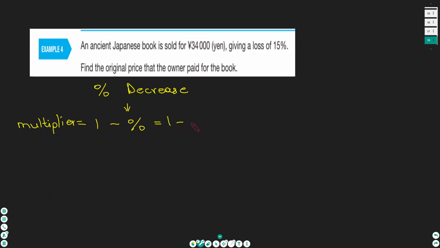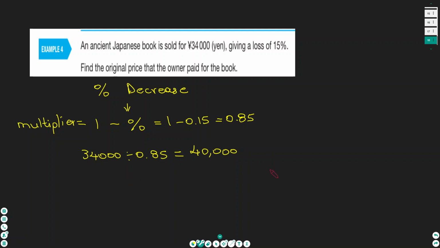So this is 1 minus 0.15, which is 0.85. So all we need to do to find the original value is divide the future value by the multiplier. We divide 34,000 by 0.85, and this gives you the value before the decrease. So this is 40,000. And you see that the value is higher because I divide by a number less than 1.